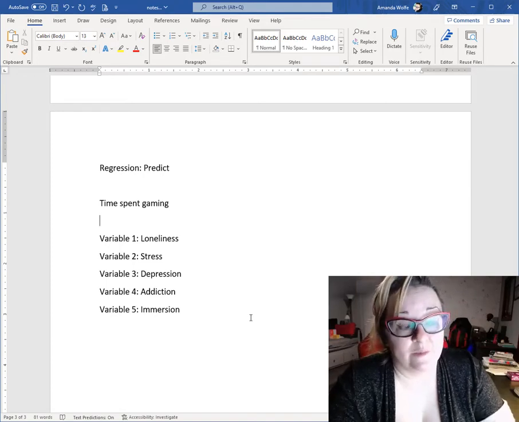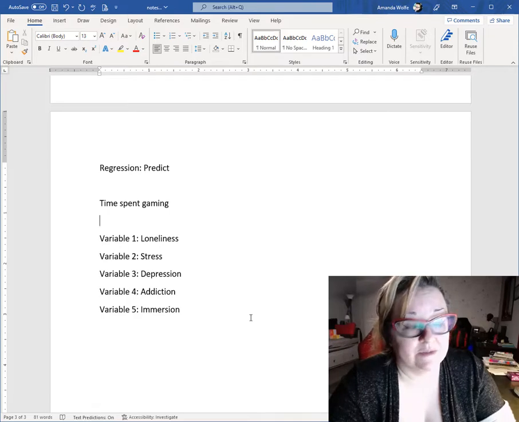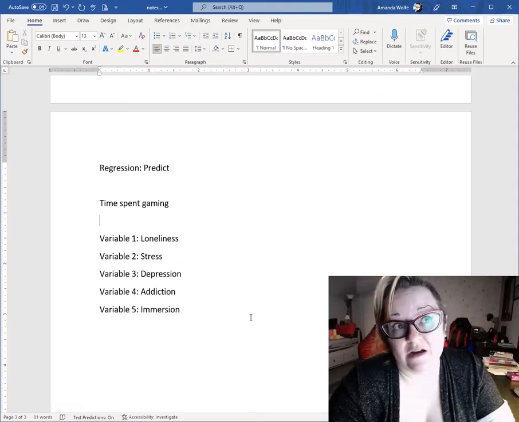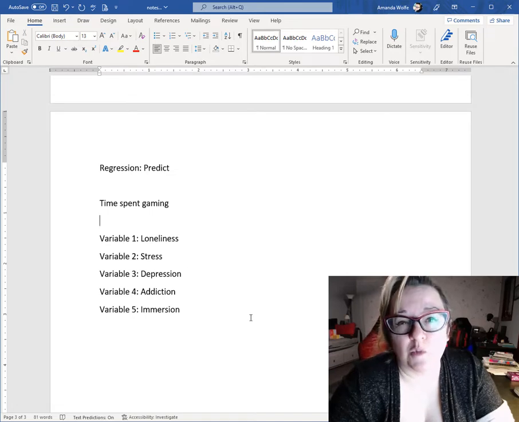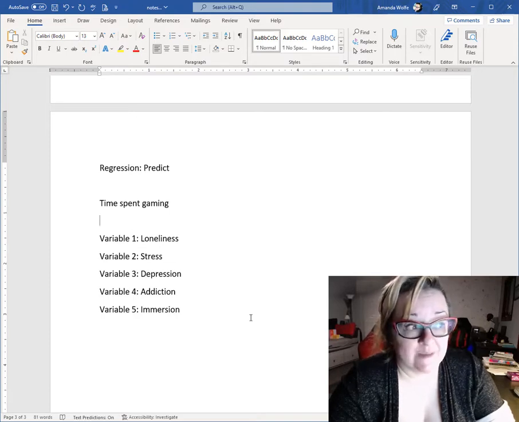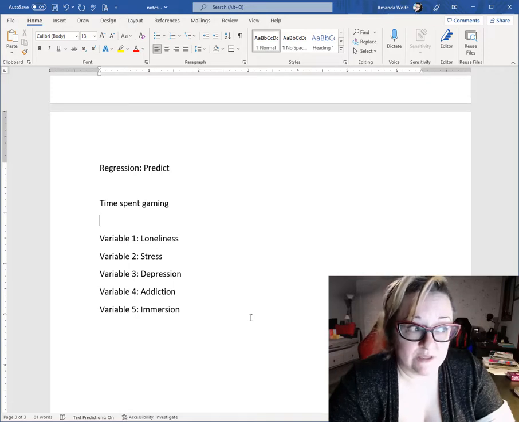So the reason why I picked these variables is because I wrote a dissertation on these variables and time spent online and online video gaming, particularly people who play online MMORPGs, which is massively multiplayer online role-playing games, things like World of Warcraft. So there are articles that show that all of these variables are related to the time that you spend online gaming. And I'm interested in which of these can I actually predict well with, okay?